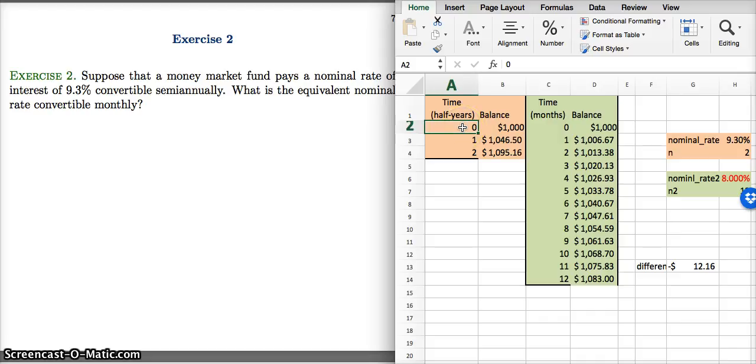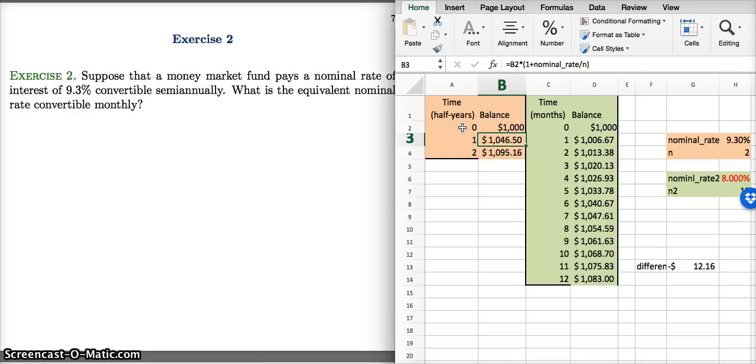I've done my timeline in half years, so this corresponds to 1 year. I just made up an amount to start with, let's say $1,000, and I want to know how much money I will have at the end of the year.